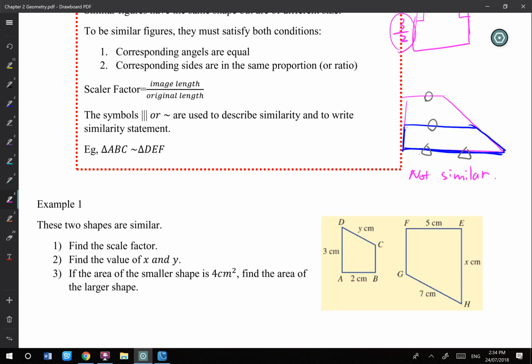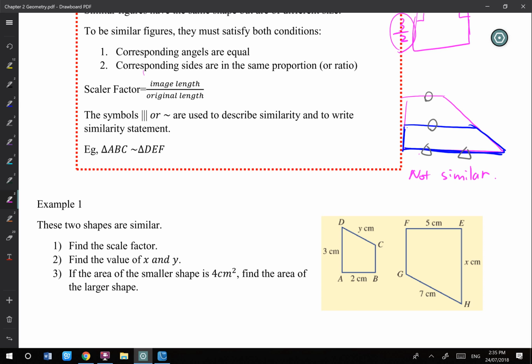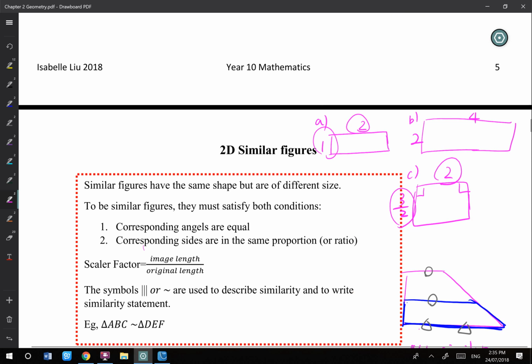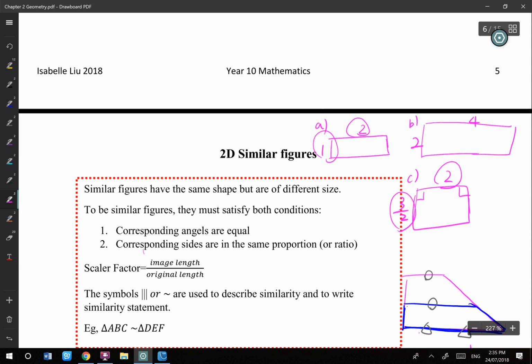Now we have a really important definition. It's called the scale factor, or let's say the proportion, or the ratio. What's the proportion of these two diagrams? Normally we talk about two. It's called the length ratio as well. It's the image length over the original length of the corresponding side. For example, for graphs A and B here, the length ratio, the scale factor, will be a half.